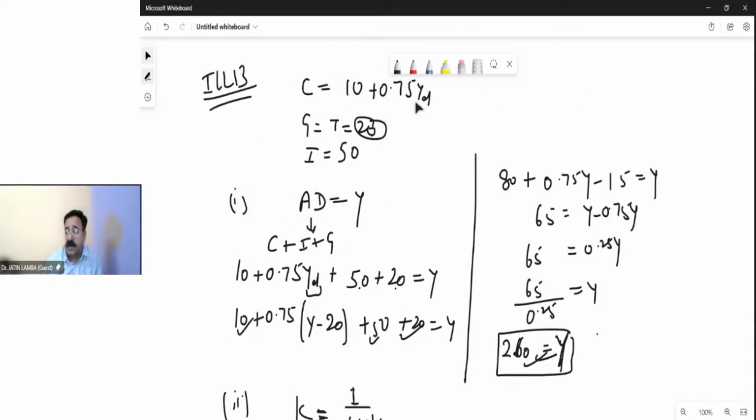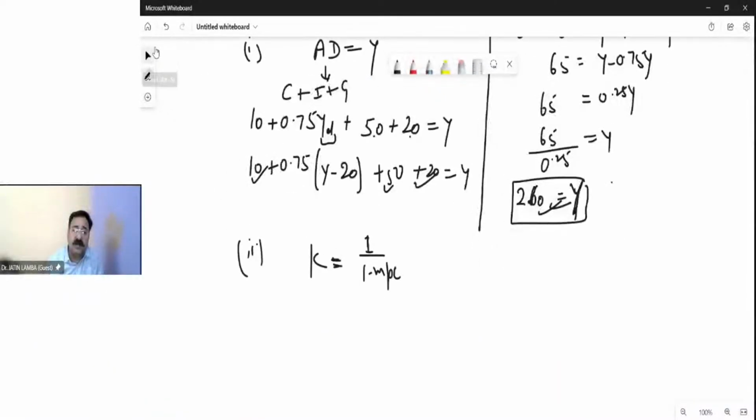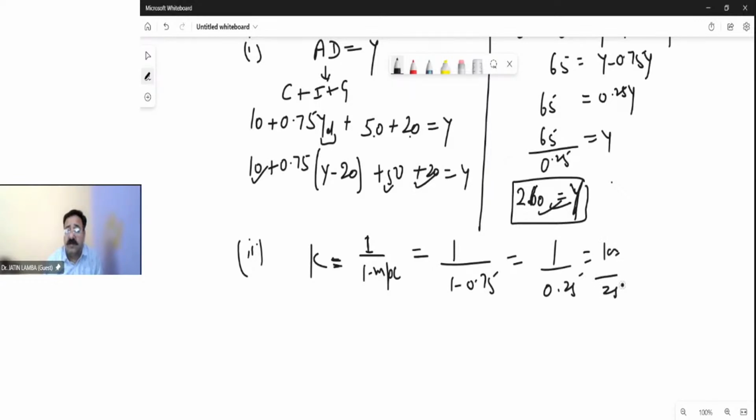MPC is 0.75, because here B is there, A plus B YD, so B is MPC, so MPC is 0.75. Now put the value here. So K will be 1 upon 1 minus 0.75, that is 1 upon 0.25, that is 100 upon 25, that is equal to 4.